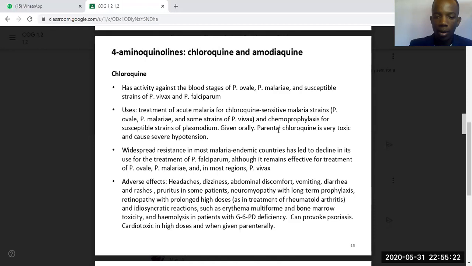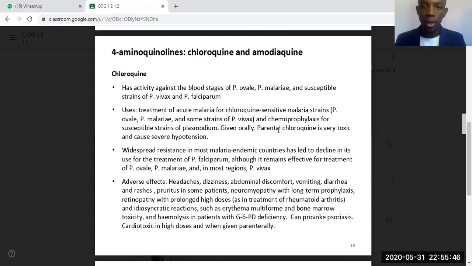So, particularly in these species of malaria, we use chloroquine in the treatment of acute malaria for chloroquine-sensitive malaria strains. And these sensitive malaria strains are Plasmodium ovale, Plasmodium malariae, and some strains of Plasmodium vivax.